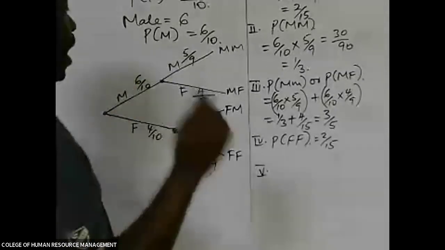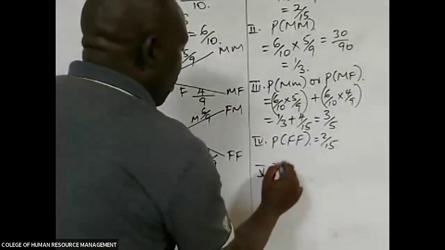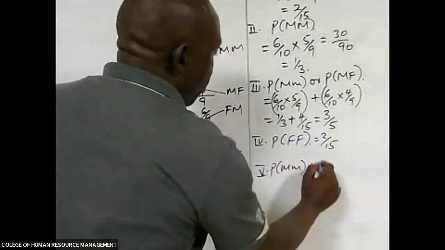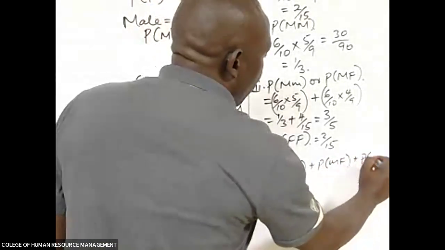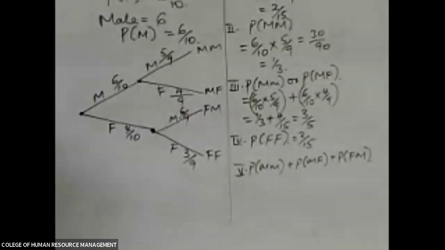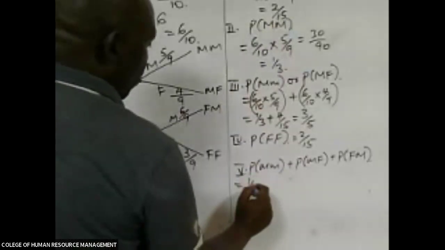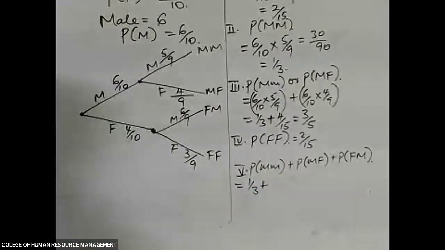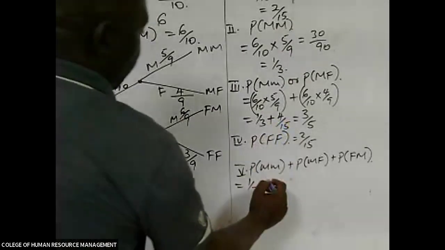So at least one male: there is one male here, one male here, and a male here. So this is the same as probability of MM plus probability of MF plus probability of FM. Those are the possible favorable events. MM, we already have it here, 1 over 3. MF, we have computed here, it is 3 over 15.